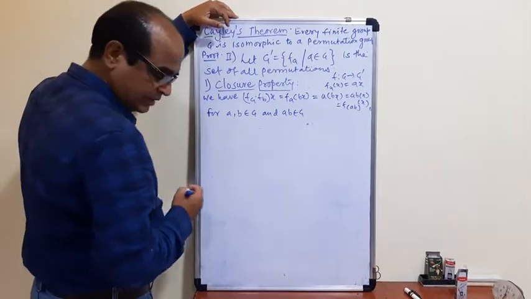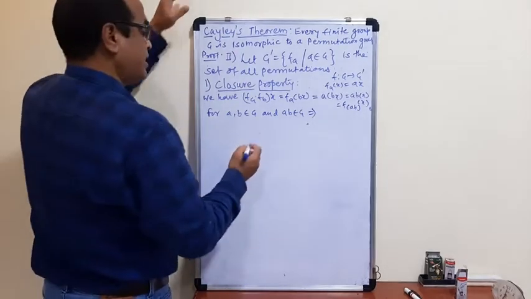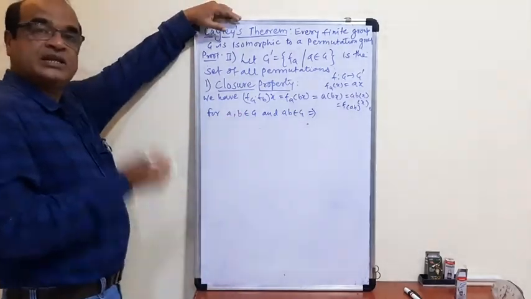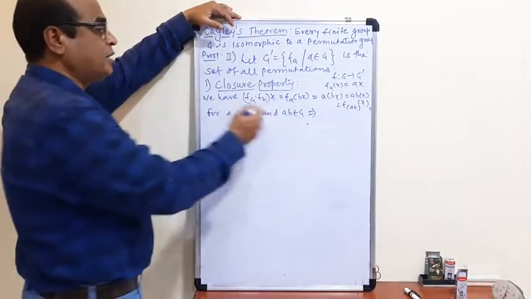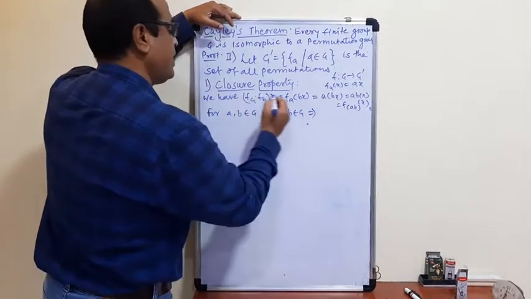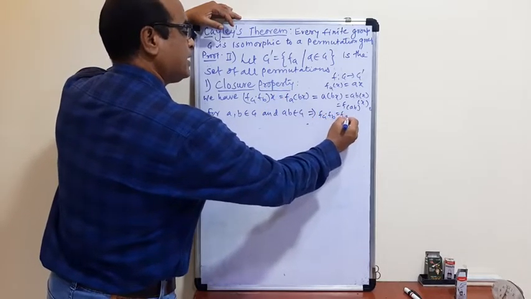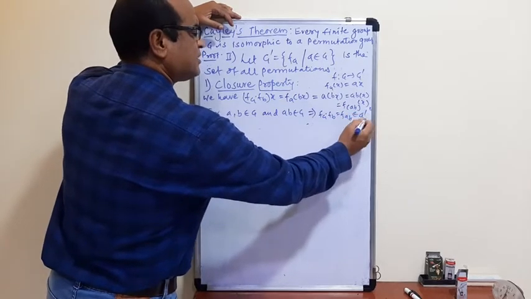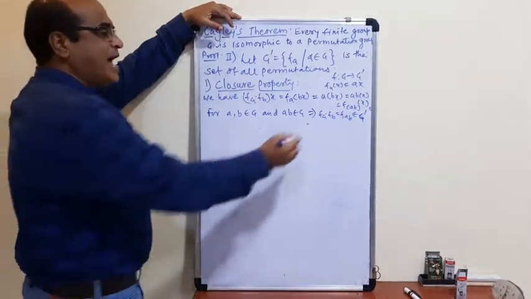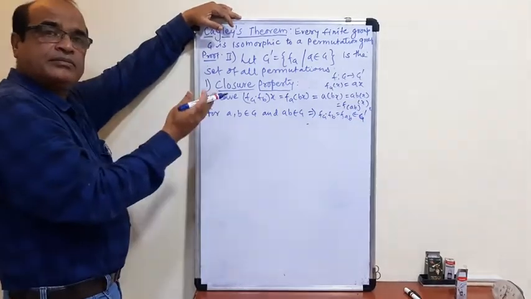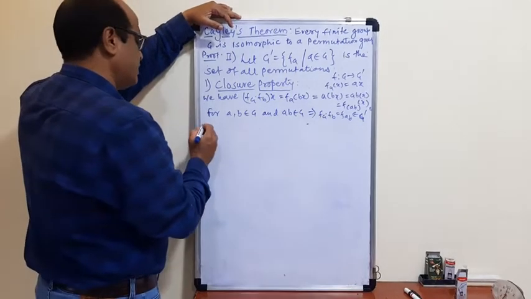So a and b are elements of G and G is a group, then the closure property holds. So ab belongs to G. Therefore f_a · f_b is equal to f_ab, which belongs to G dash. So G dash is closed under permutation multiplication.